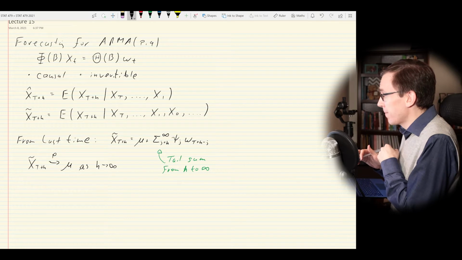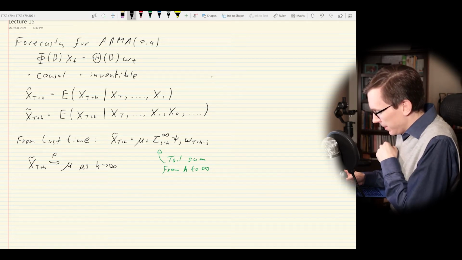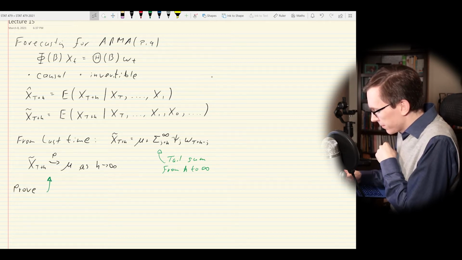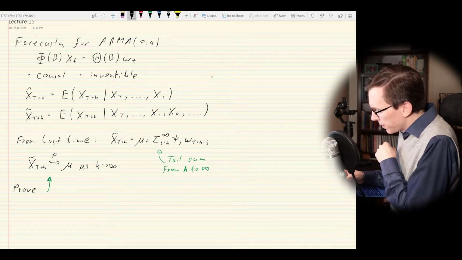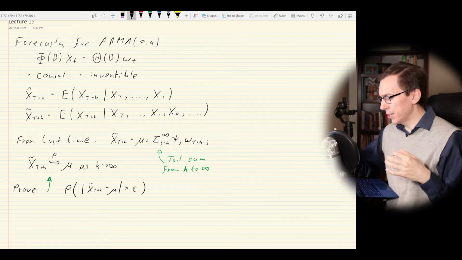Okay, so what are we doing? Well, we want to prove this convergence. How do we do that? Converging in probability basically says that we want the probability that |x tilde T plus h minus mu| is greater than epsilon to go to 0.